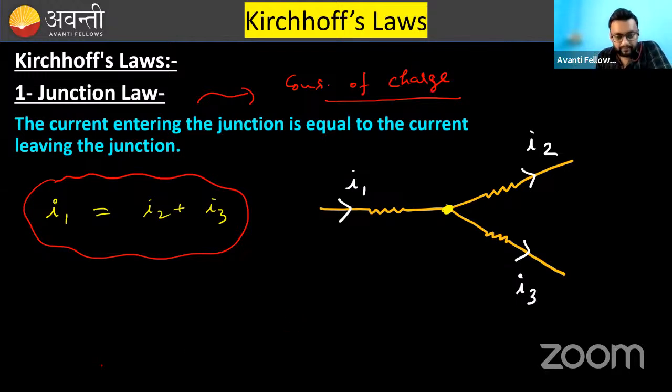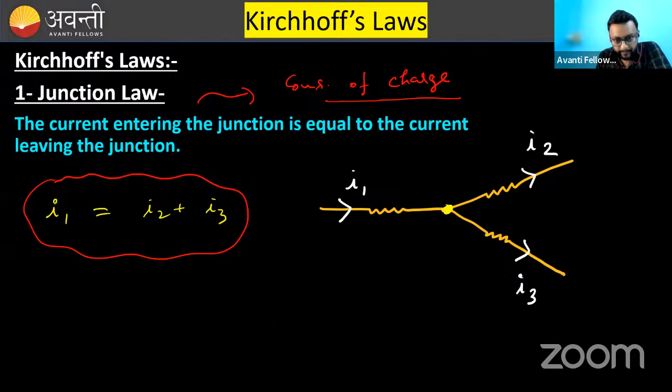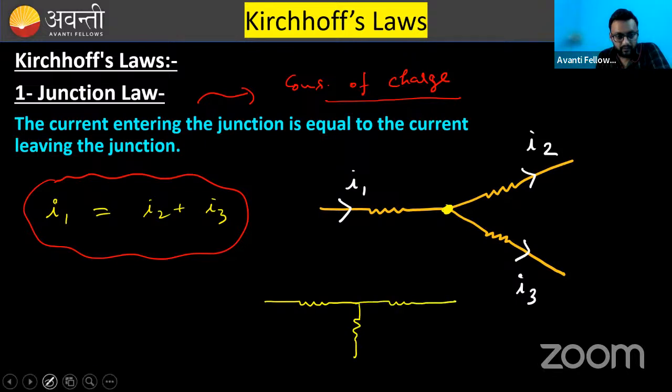Can someone answer me? I am drawing a simple question. Let's suppose this is a current I. This is a current I1. Then what will be the current in this arm?